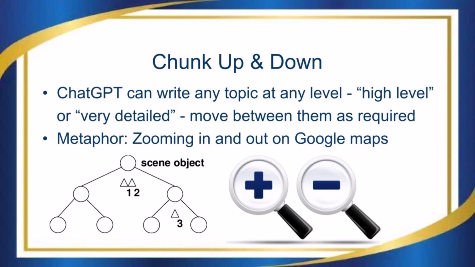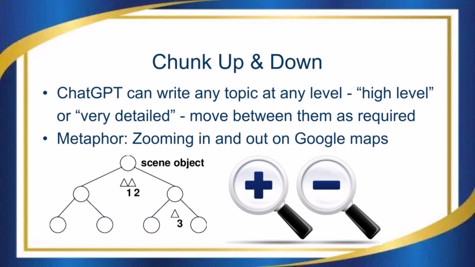So if you want to write a really long text, let's say a blog post of 1,000 words, you cannot get that in one output. You can only get an output of 400 words. So you prompt it, you want a blog post about a certain topic, and it gives you the whole thing in 400 words. Now, those 400 words can be divided into various sections of the blog post.